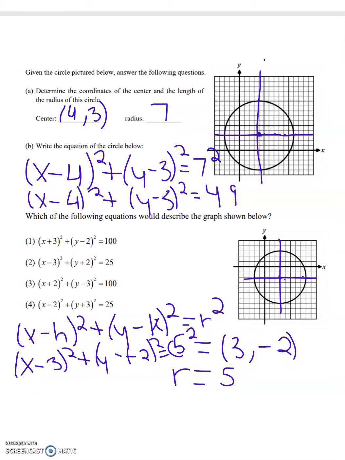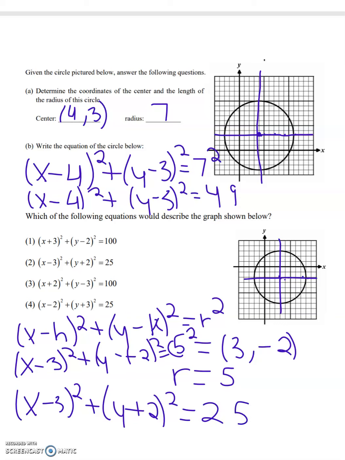Okay, so we're plugging all that in, so then that's x minus 3 squared plus y plus 2 squared. Negative minus negative, negative times a negative is a positive, and then 5 squared is 25. So your answer here should be choice number 2.